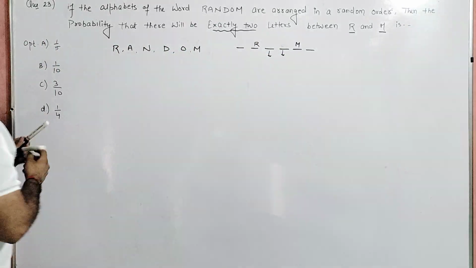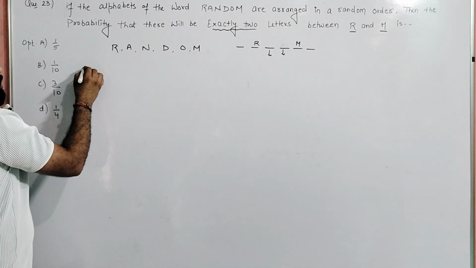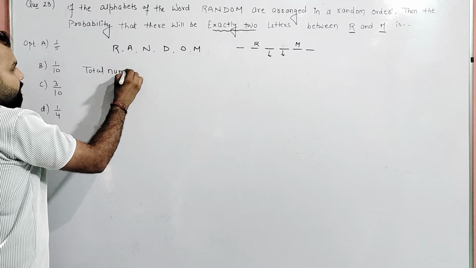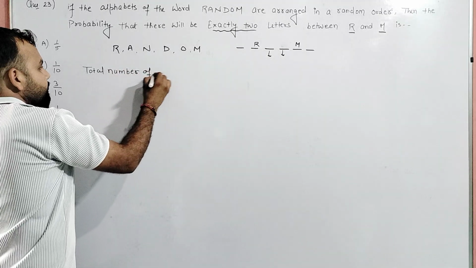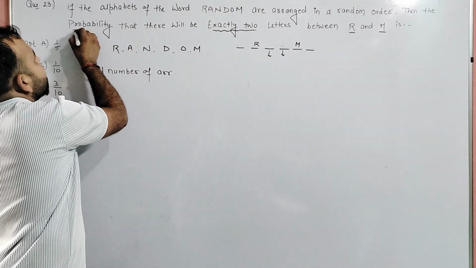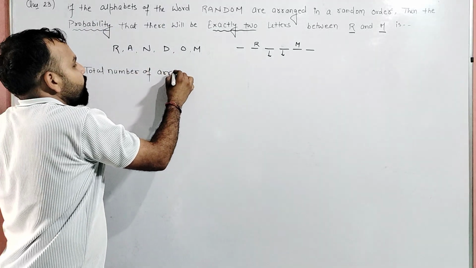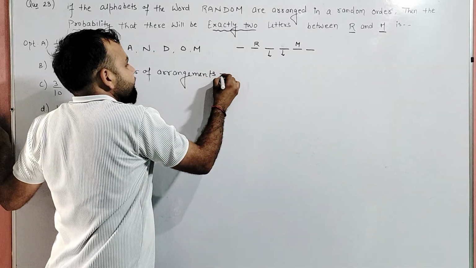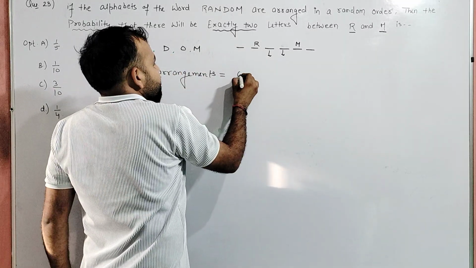So student, first of all, we need to define the total number of arrangements, because we need to find the probability. There are 6 letters, that means 6 factorial.